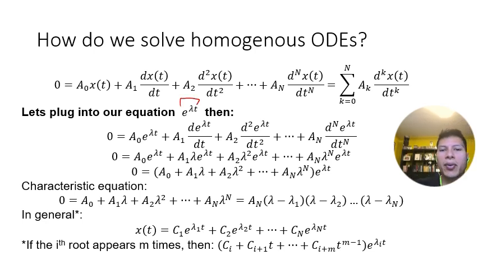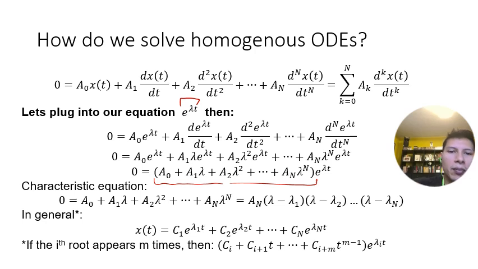So we started with a guess. We plugged into our equation e to the lambda t as a guess for the solution for x of t. And then what we ended up getting was that the lambdas that would actually allow us to satisfy the homogeneous equation were the roots of this polynomial, which we called the characteristic polynomial.